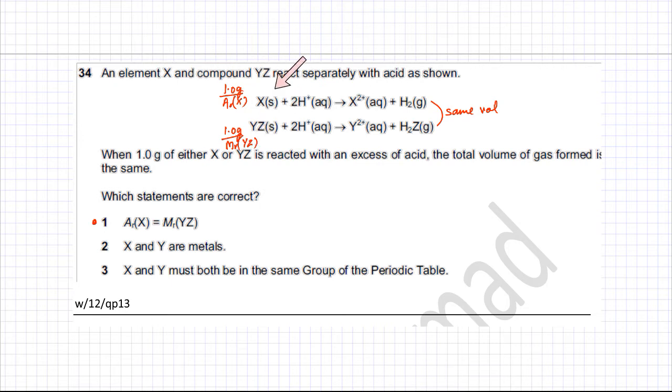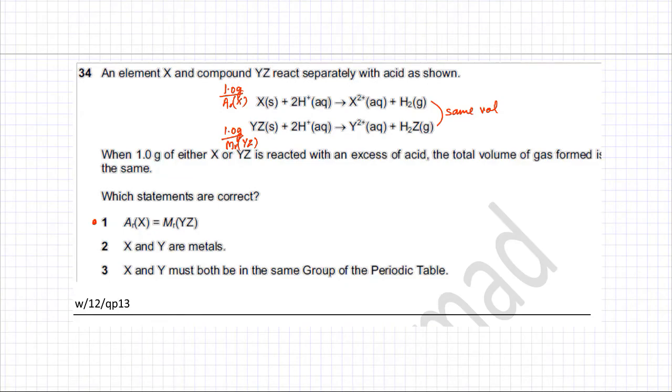Now, if you look at the reaction, 1X produces 1H2 and 1YZ produces 1H2Z gas. So the ratio in which the gas and the moles of X are present is 1:1. So the moles of H2 gas are going to be exactly the same.